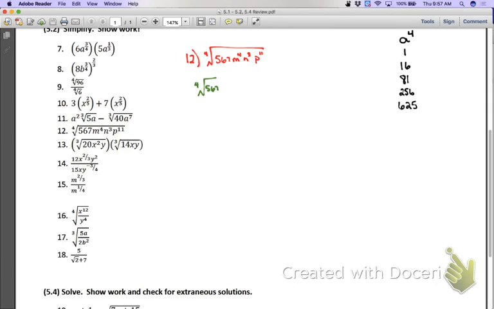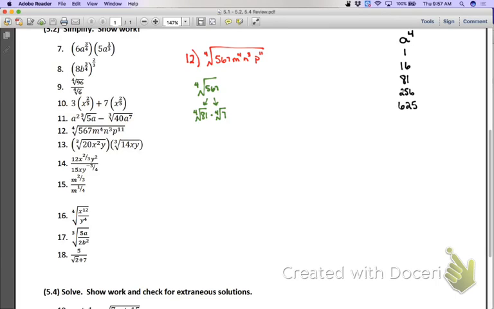Yeah, so I'm going to have the fourth root of 81. What is 567 divided by 81? 7. I can't do anything else with the 7, so now it's broken up into the fourth root of 81 and the fourth root of 7.